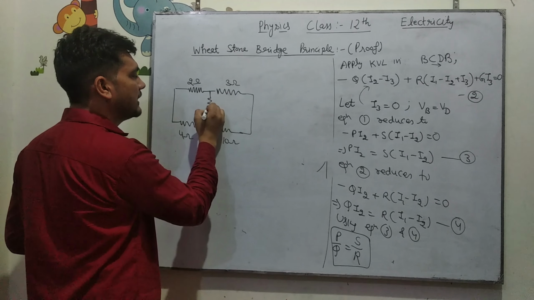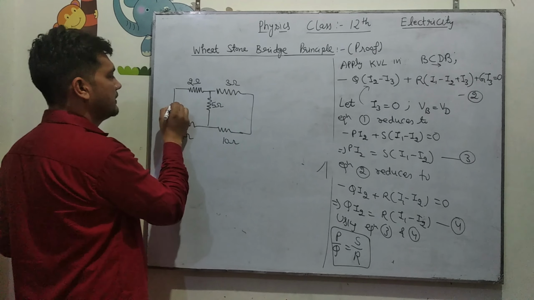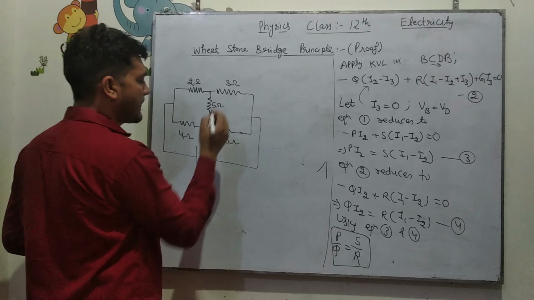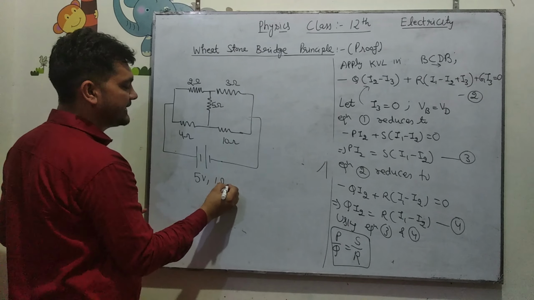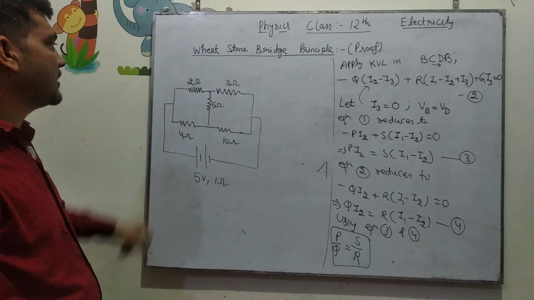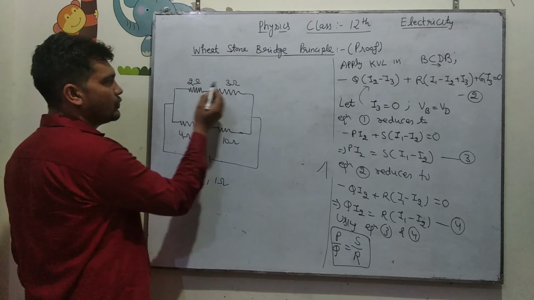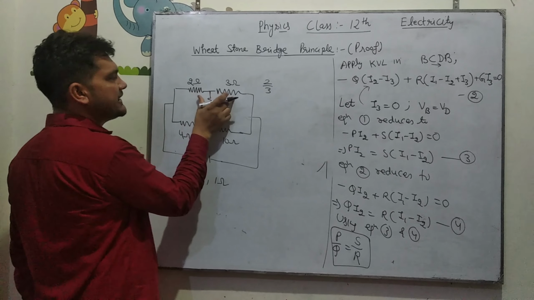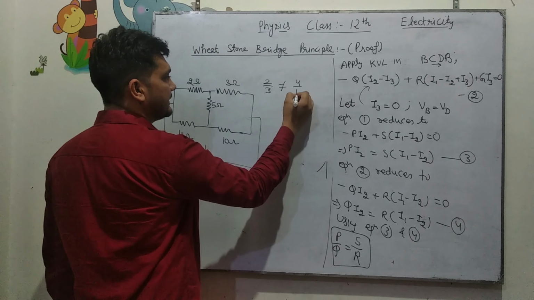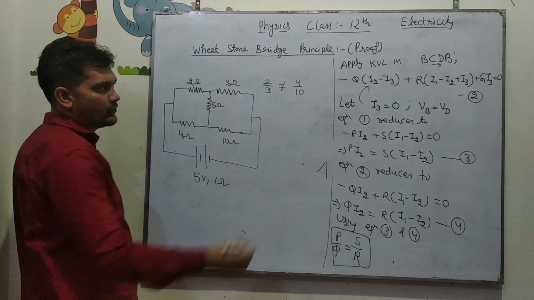This is a 5 volt battery with an internal resistance of 1 ohm. This is a Wheatstone bridge but not in balanced situation, because the ratio 2 by 3 of these 2 resistances is not equal to this ratio 4 upon 10.